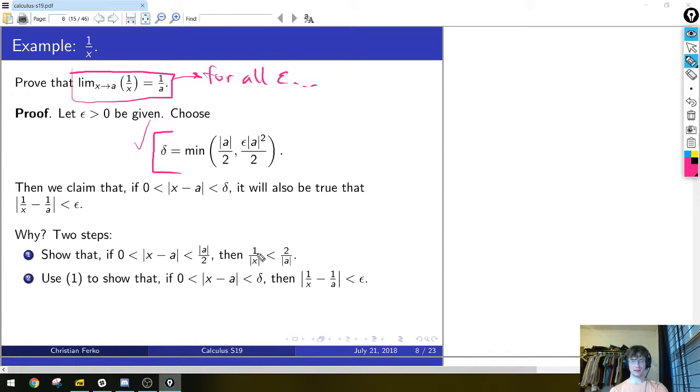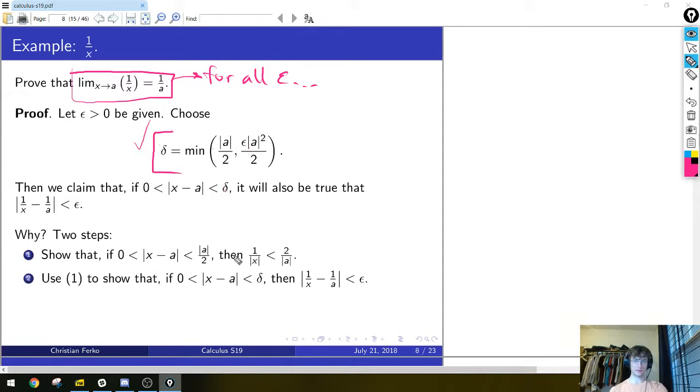And I'll do that in 2 slides, which you've worked through most of the algebra of, but the 2 steps are showing first that if x is within distance a over 2, which is implied by this statement, if x is within distance delta of a, and delta is the smaller of these 2 numbers, then x is certainly within distance absolute value a over 2, because it's within a distance which is the smaller of these 2.